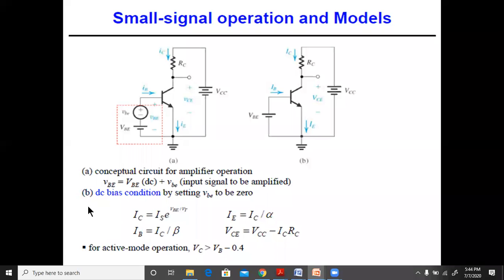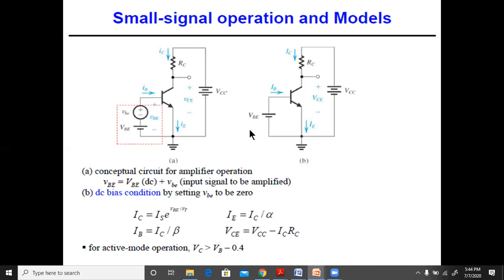Okay. So the DC bias condition will be the case when we set the small VBE over here equal to 0. When this VB is 0, then we'll have this circuit over here, right? And this is nothing but the biasing model, because what we are doing is this is just replaced by either the potential divider network over here or the collector to base bias resistor over here.